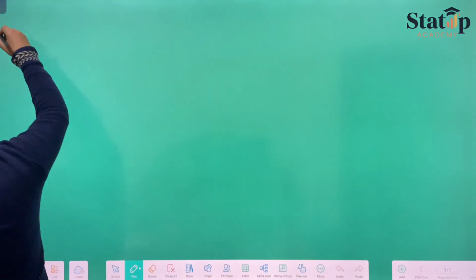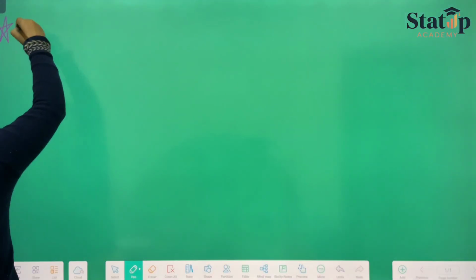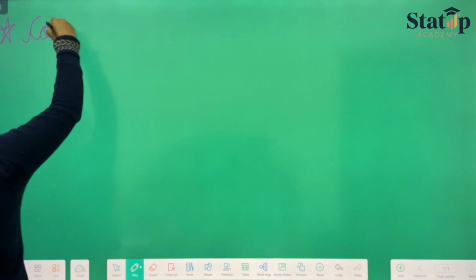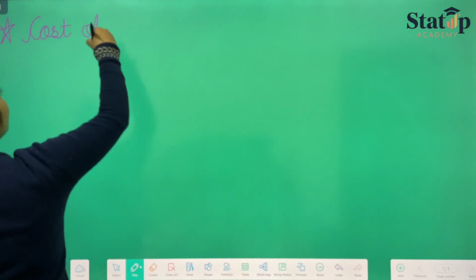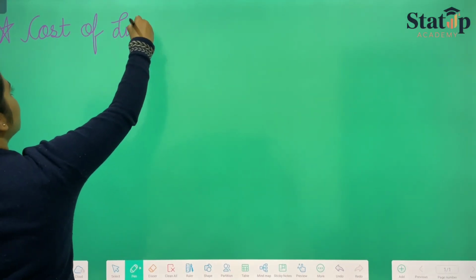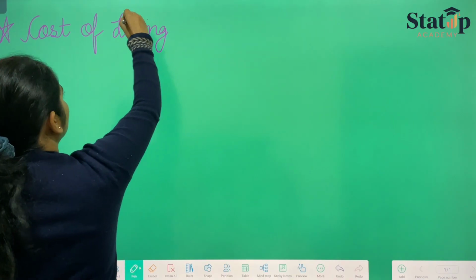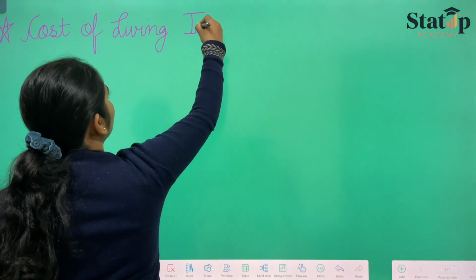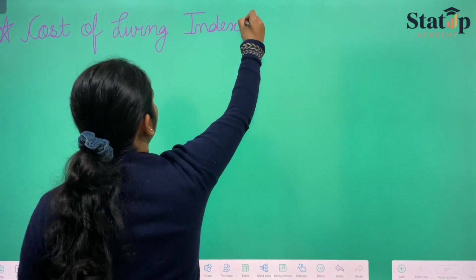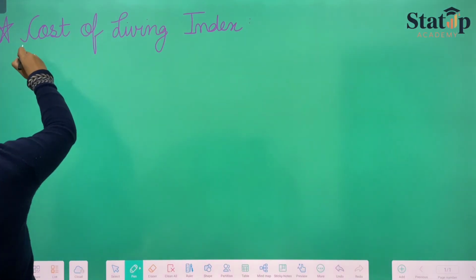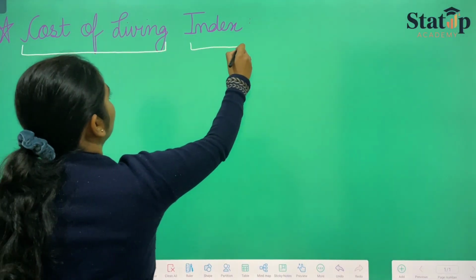Now, by cost of living index, first let me write the topic: cost of living index. Since we are dealing with index numbers, cost of living is one word and index is another word.